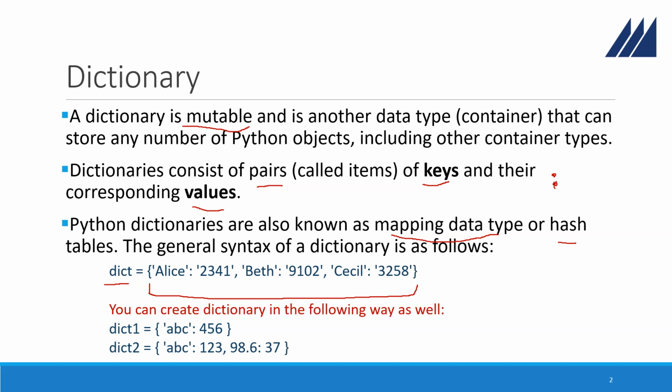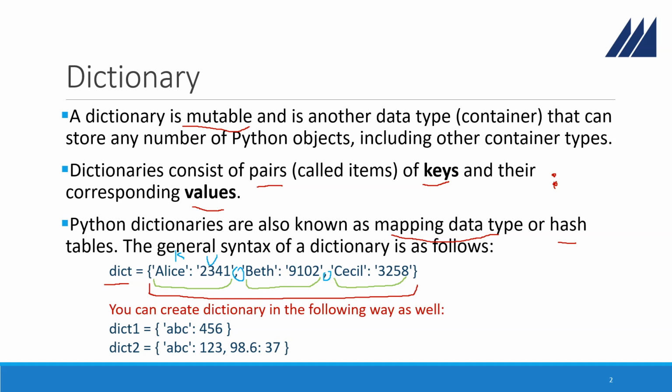Each item has two parts, a key and a value, and is separated by a comma from the other items. This dictionary has three pairs, or three items. Each item is separated by a comma, and each item must have a key and a value.